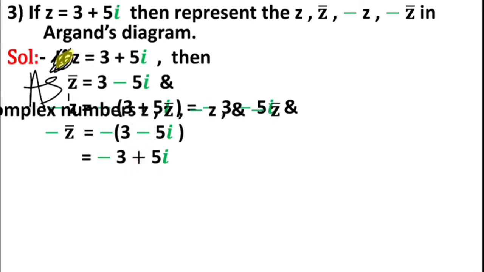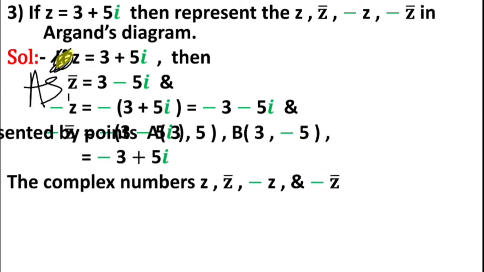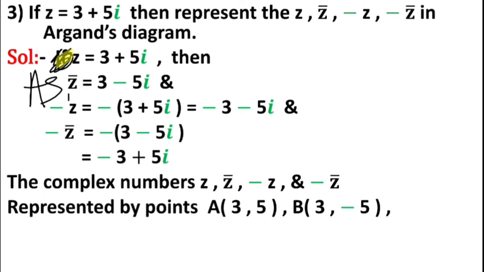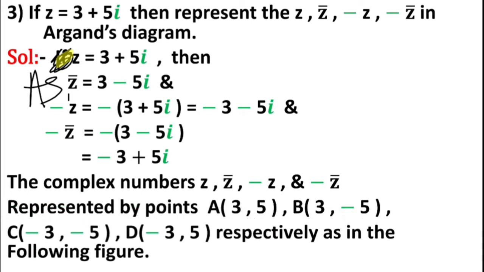These numbers are represented by the points A is (3, 5), B is (3, minus 5), C is (minus 3, minus 5) and D is (minus 3, 5), represented as in the following diagram or figure. These 4 points are plotted in a diagram.